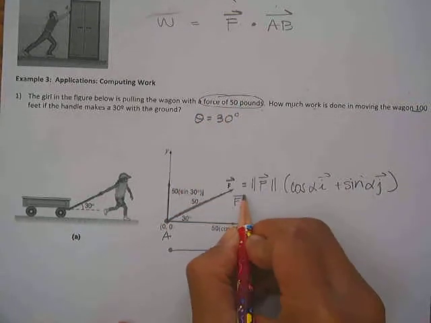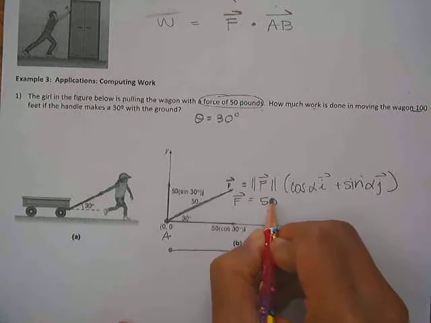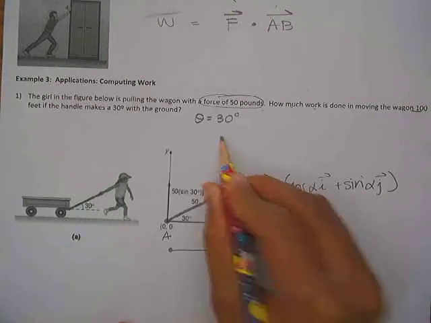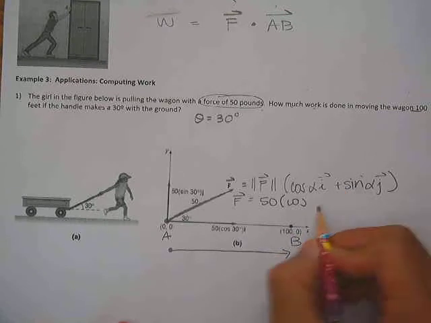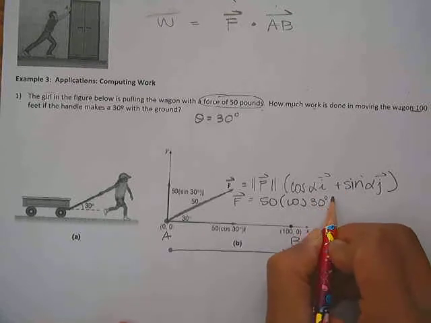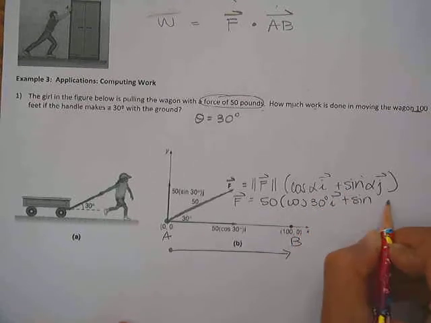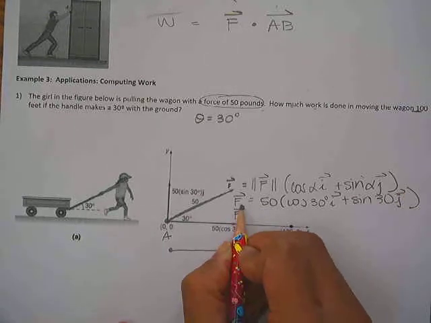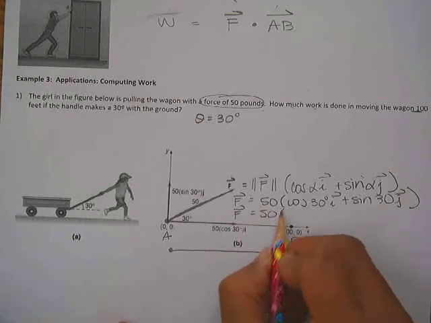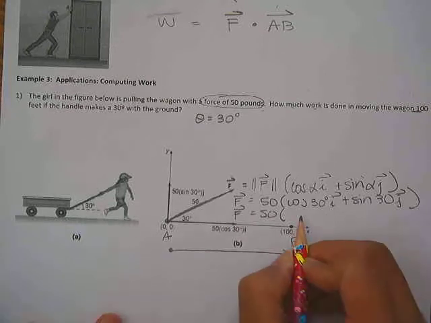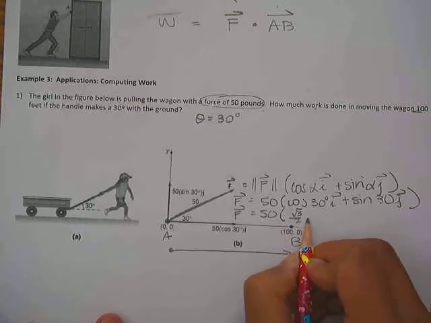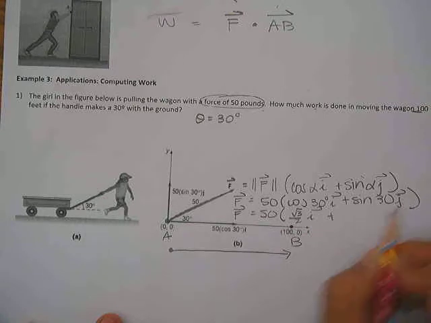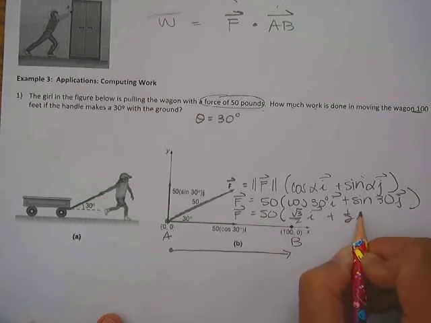So vector F equals 50 pounds times cosine of 30 degrees, or alpha is 30 degrees in my case, times i plus sine of 30 degrees times j vector. So this force equals 50 times cosine of 30 degrees, which is root 3 over 2, i plus sine of 30 degrees, which is 1/2, j.